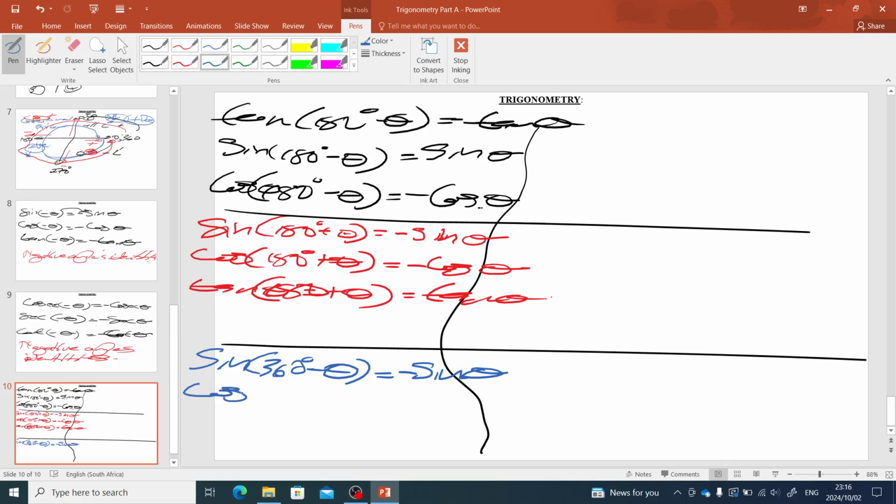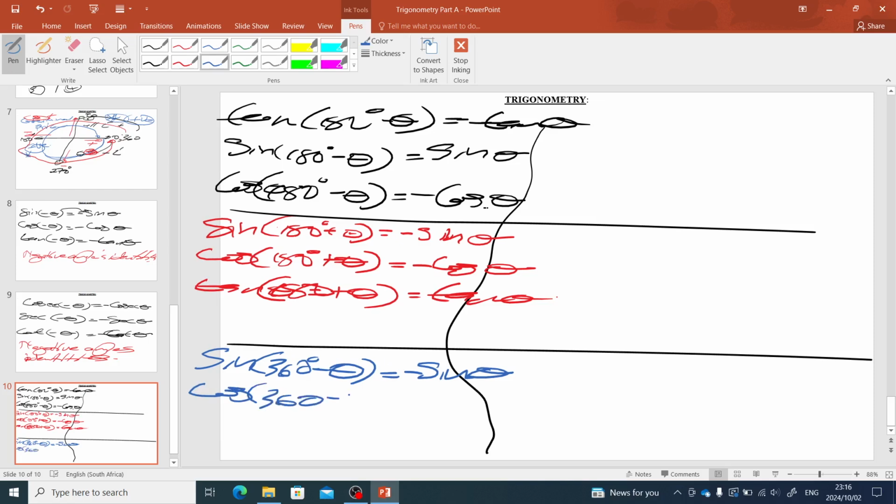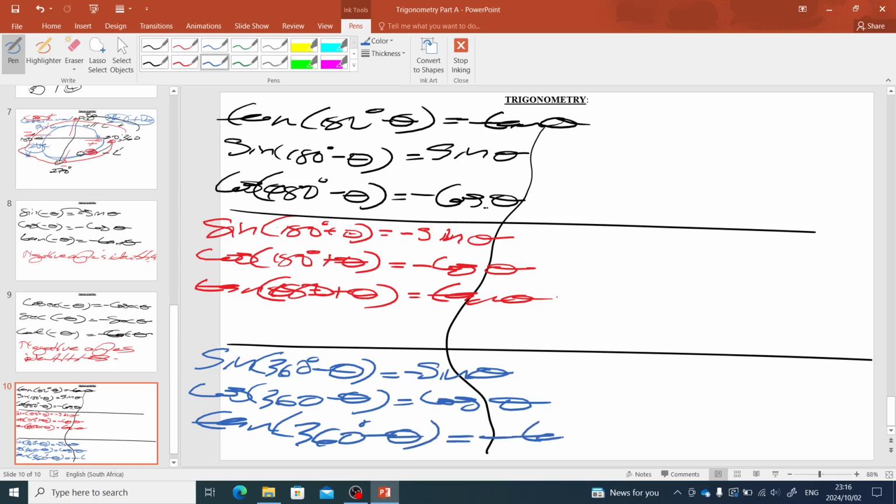Then cos of 360 minus theta will be positive because cos on the fourth quadrant is positive. Then tan of 360 degrees minus theta equals negative tan of the positive angle. Those are the formulas, and their reciprocals will be exactly the same.